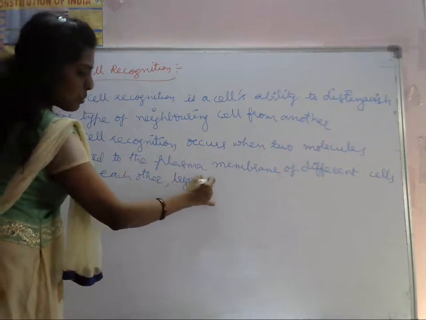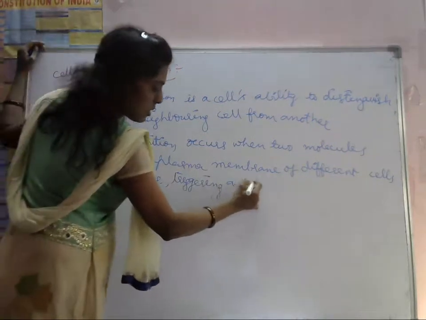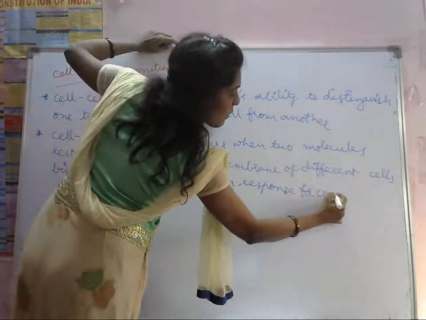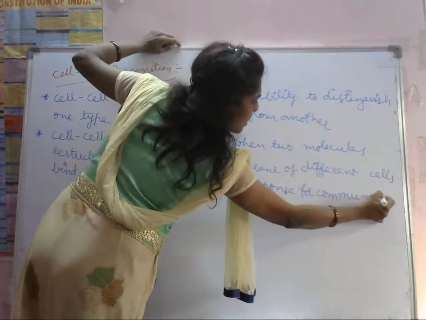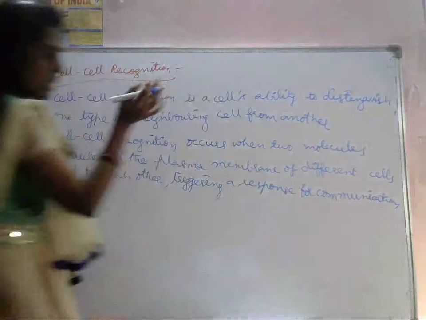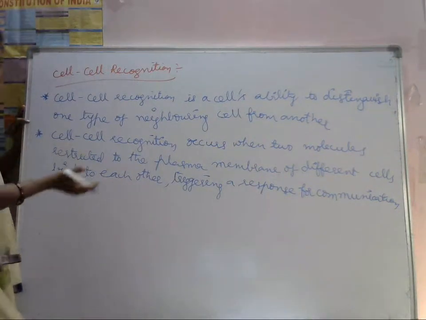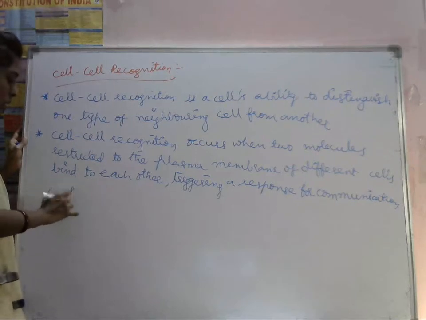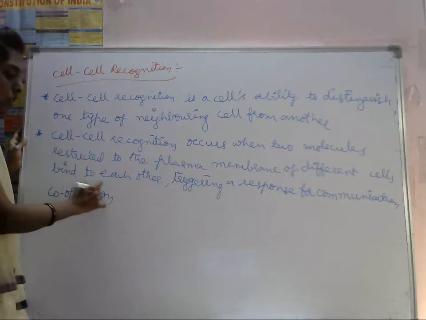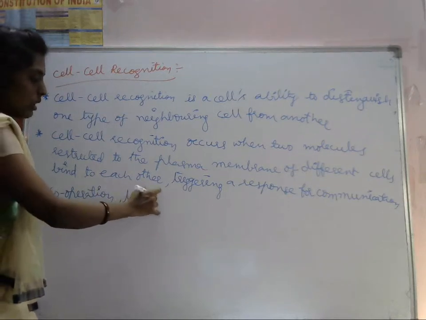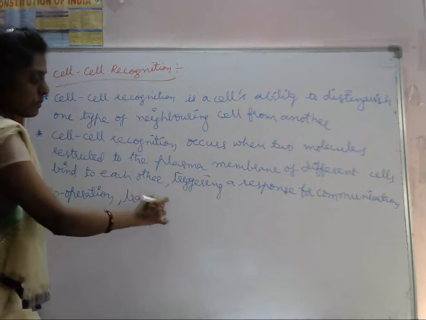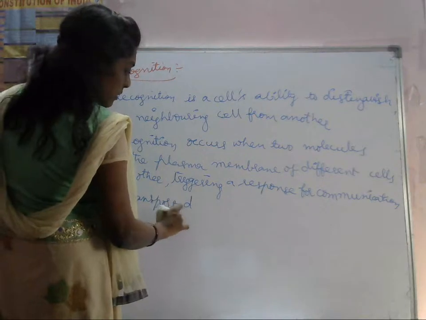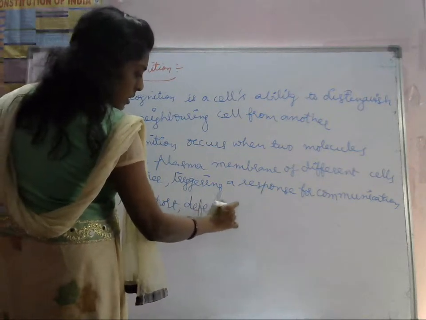Why are these two cells combined? It may be for communication, cooperation, transport, defense, and growth.